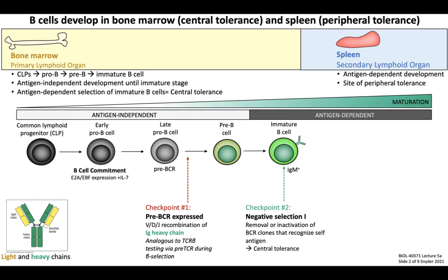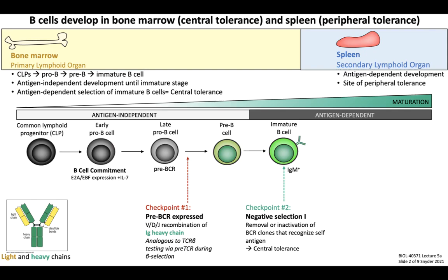The candidate BCR expressed by immature B cells in the bone marrow must be tested for autoreactivity to self-antigen, which represents the second checkpoint of B cell development. This checkpoint consists of the first round of negative selection, where B cells whose BCR induces strong signaling in response to binding self-antigens expressed in the bone marrow are not allowed to progress in development.